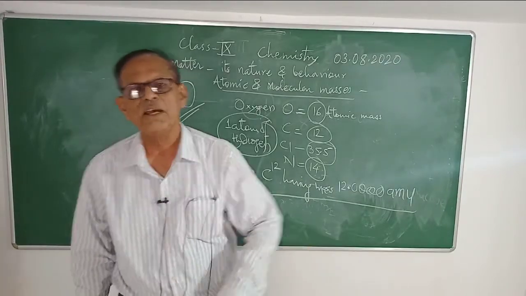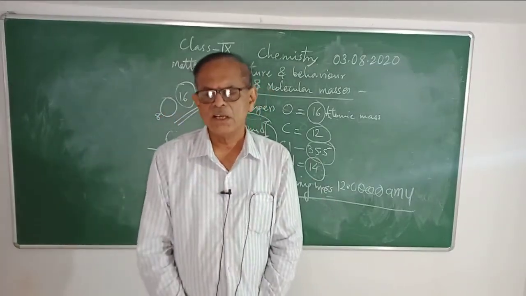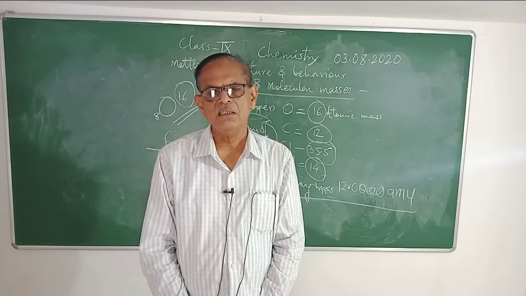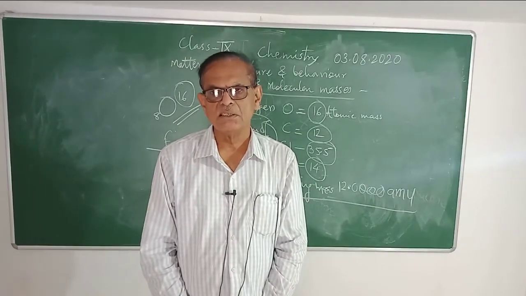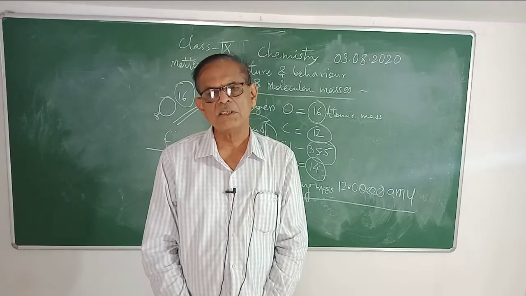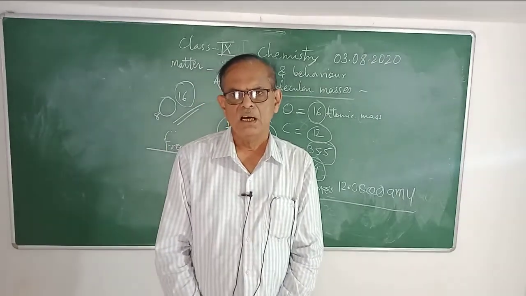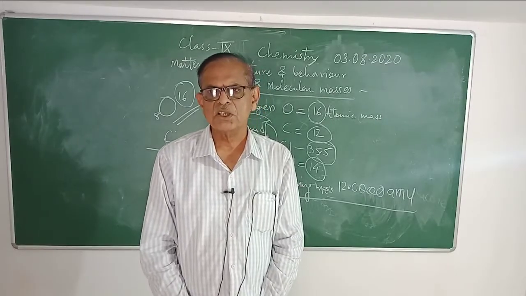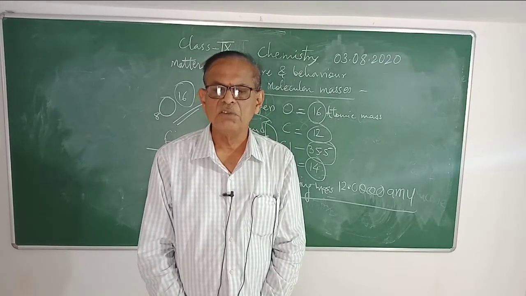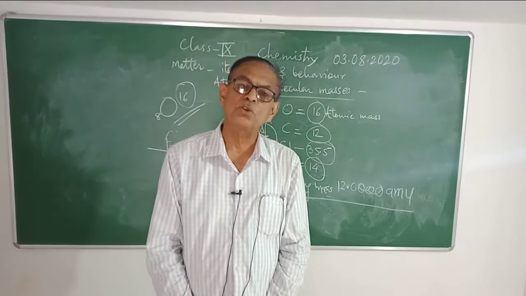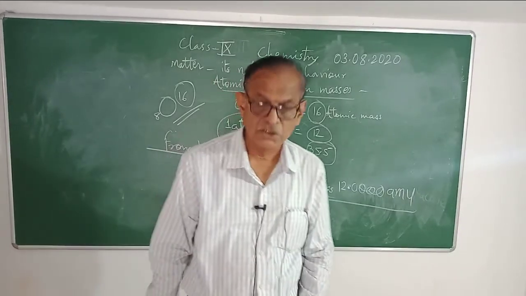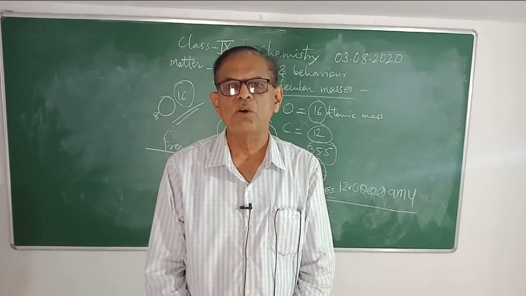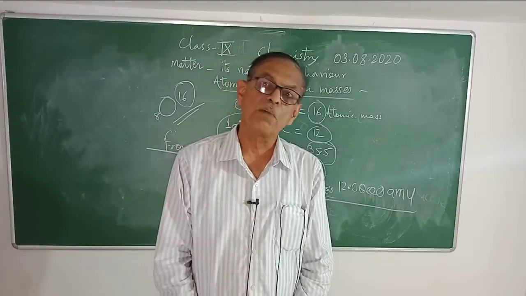In this way, we have taken oxygen as standard. By taking oxygen as standard, the atomic masses of different elements are calculated. Then from 1962, the C12 isotope, that is the carbon isotope. Now isotopes are atoms of elements having the same atomic number but different mass number.